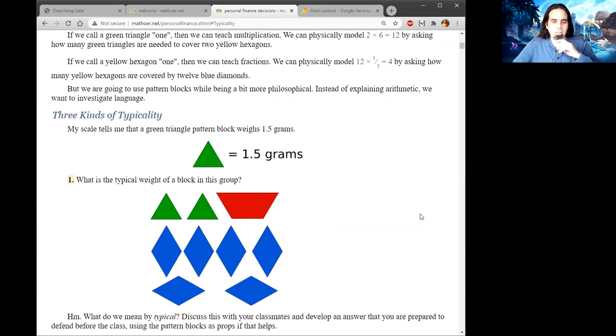Don't shout it out too early. In chat, people are saying 3 grams.